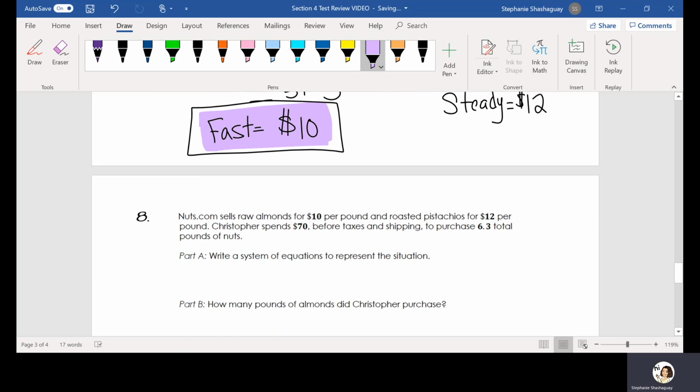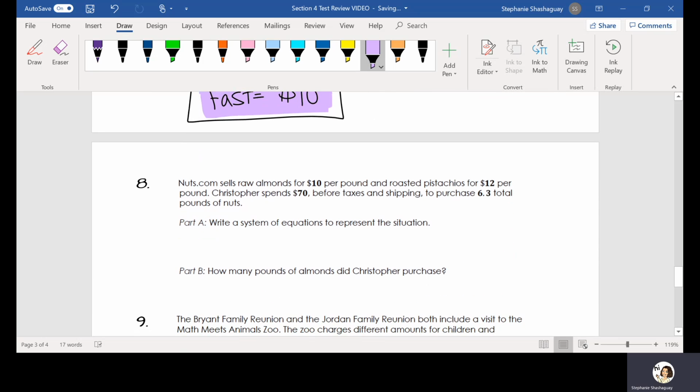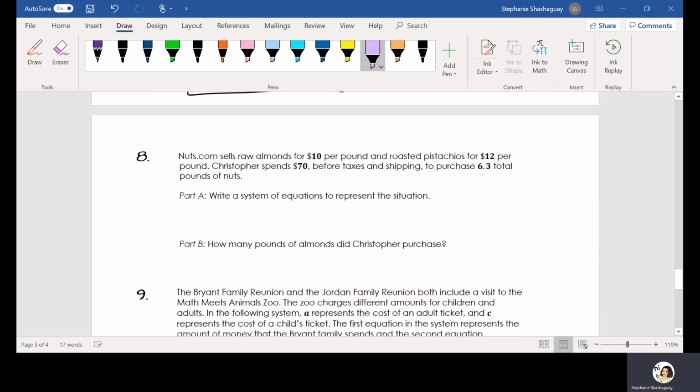So moving on to question 8. It says nuts.com sells almonds for $10 per pound and roasted pistachios for $12 per pound. Okay, so $10 per pound, $12 per pound.